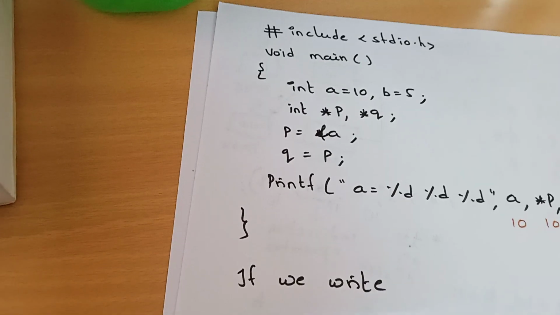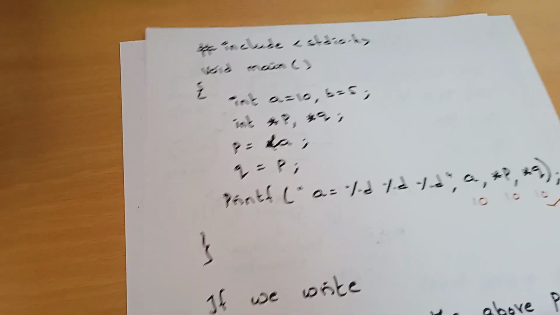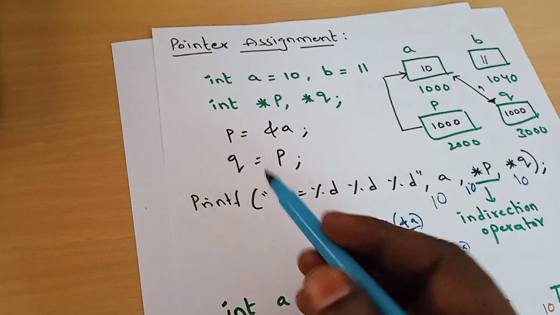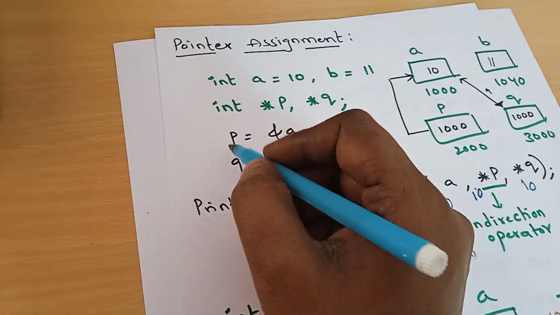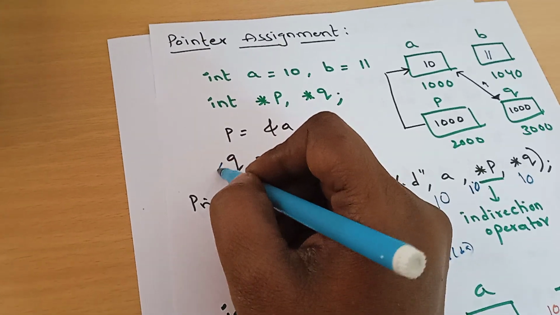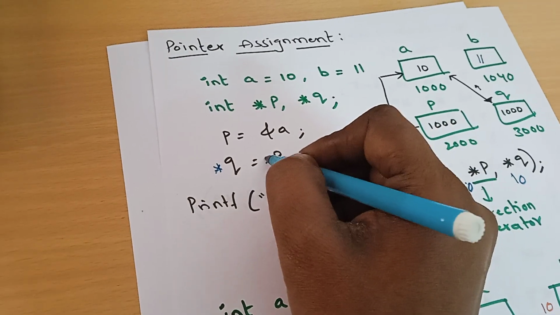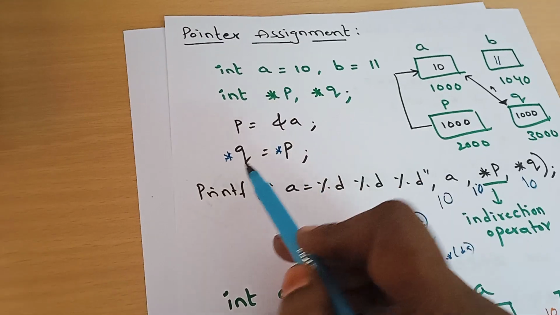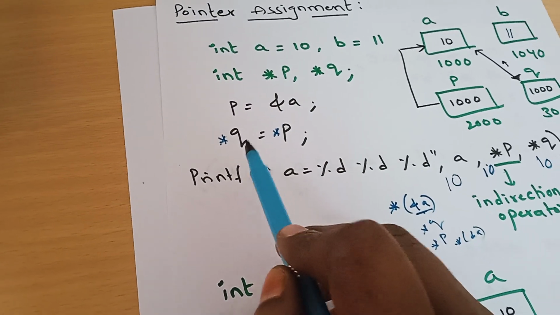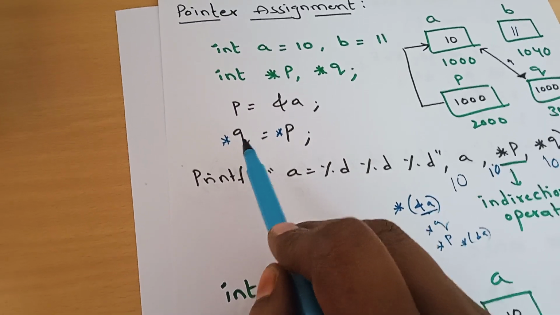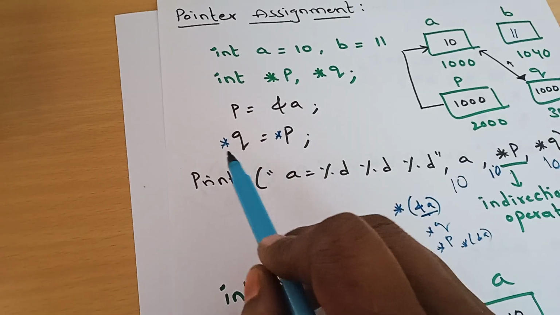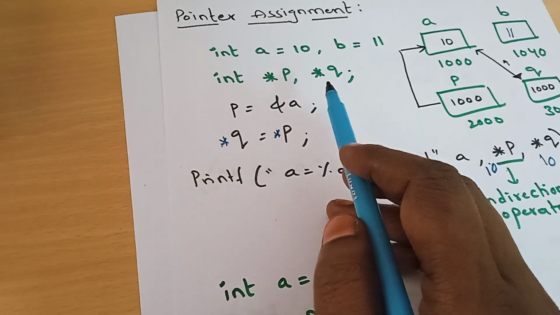Now look at the program. And I have to tell you a very important thing: if you are writing star q and star p, and I'm not writing that q is the address of b, then what will q have?